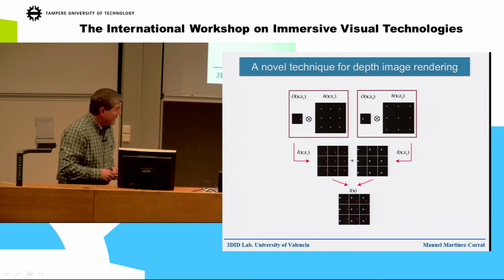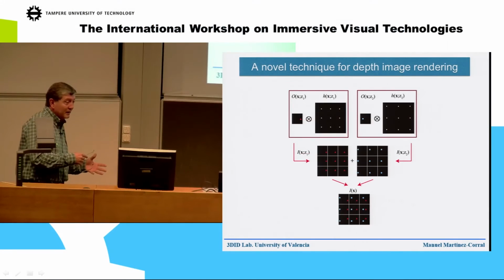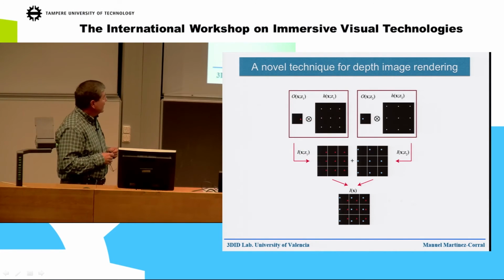So another of our proposals is related with making different, maybe novel ways of performing the depth rendering. Here we take profit from something that is very simple and evident.